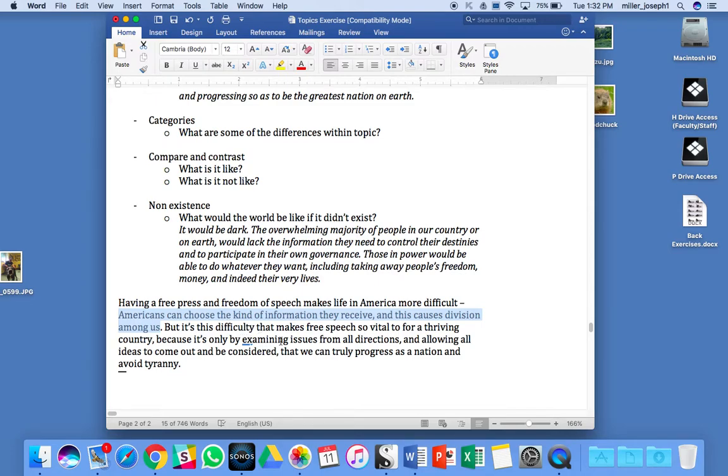But that it's this difficulty that makes free speech so vital to a thriving country, because it's only by examining these issues from all directions and allowing all ideas to come out and be considered that we can truly progress as a nation and avoid tyranny. So here we might be able to offer some examples.